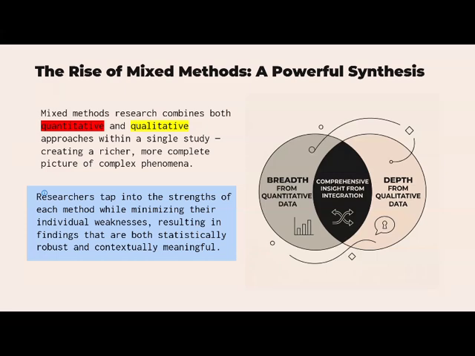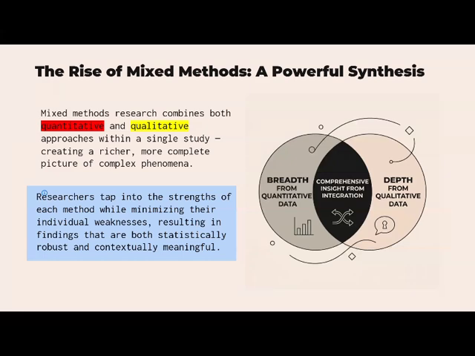But mixed method distinguishes itself with the marriage of the two, where you use, in the same research, both quantitative and qualitative within a single study. The essence of doing this is to be able to create a richer output, richer findings, to have a more complete picture of that complex phenomenon.